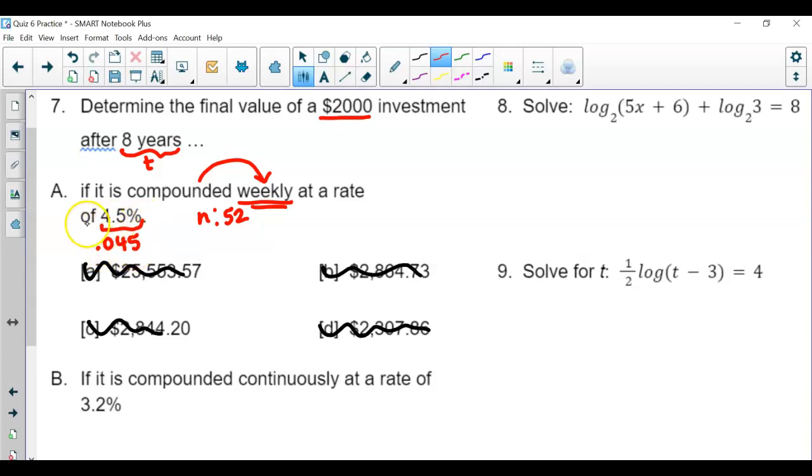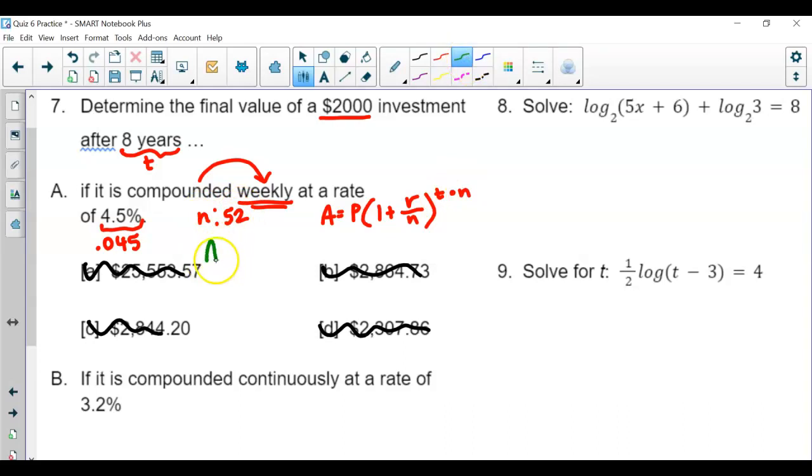Move the decimal 2 times or divide by 100. So now if you recall, remember, A is always equal to P times 1 plus. Now we have the fraction, right? Because of our n value. So it's not just 1 plus r, it's r divided by n. Then remember, it's not just raised to the t power now, right? Because of this n value, multiply by n as well.